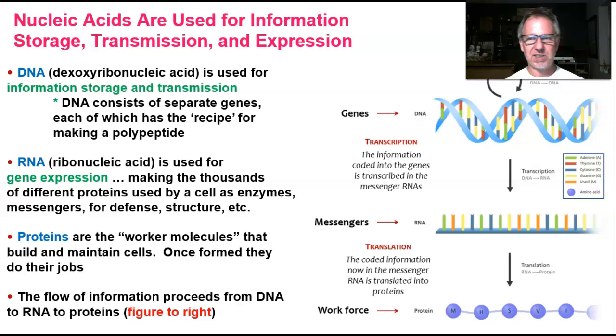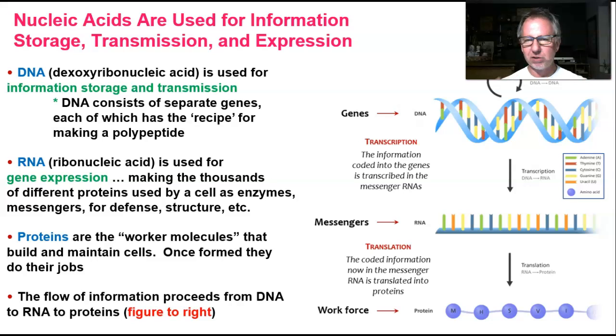And that process is called translation, when the information in RNA is decoded and used to make a protein, which is an entirely different kind of molecule. Going from one kind of information to another kind of information, we call that translation. And of course, proteins, like we talked about in part 1, are the worker molecules of cells.